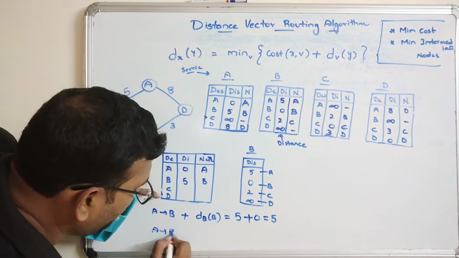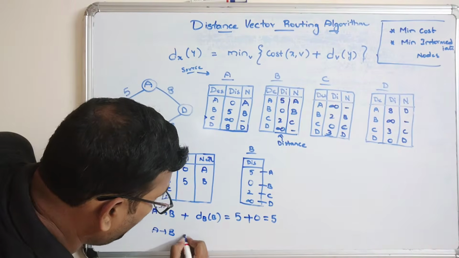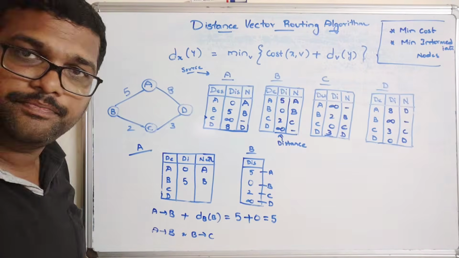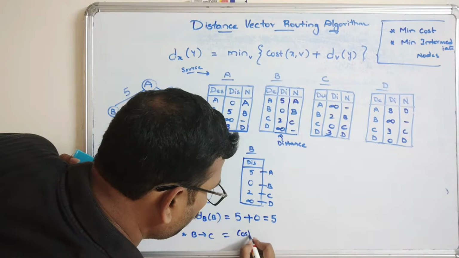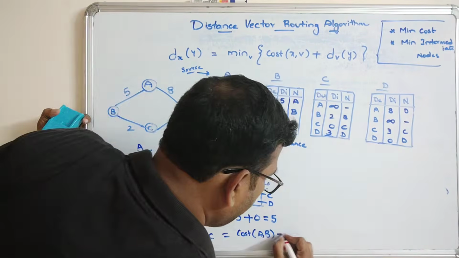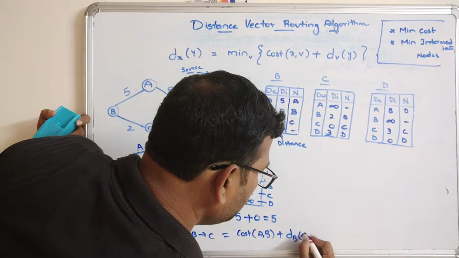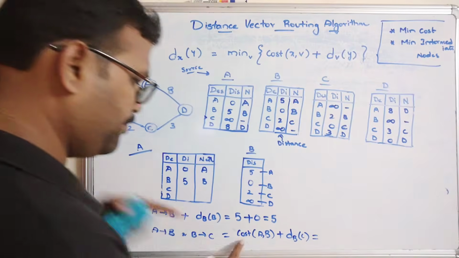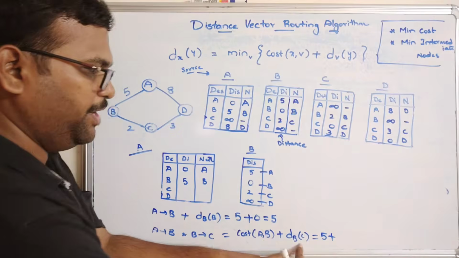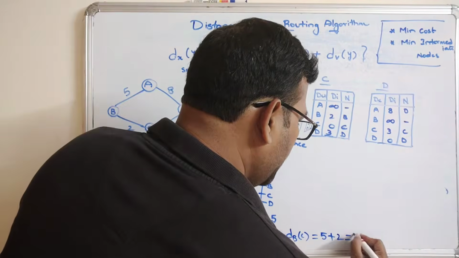Now A to B and B to C. See, cost of A comma B plus distance of B to C, which is nothing but cost of AB, which is 5, and distance of B to C, 2, so it will be 7.